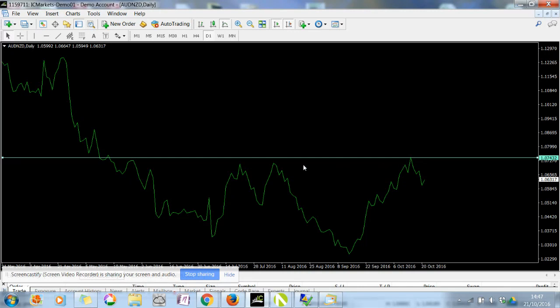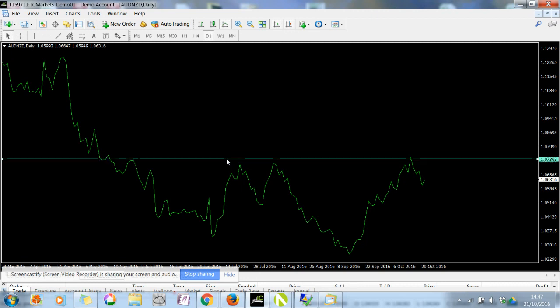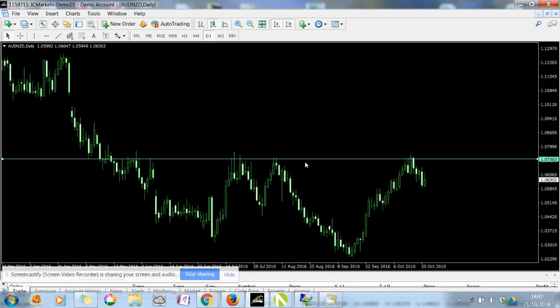And if you have a look left, you can see that there was a stopping point. There was another stopping point. Now, when you've got one that's going down and one that's going up, it can be quite a significant line. So you put that in, click back to candlesticks, and then look at all those points.